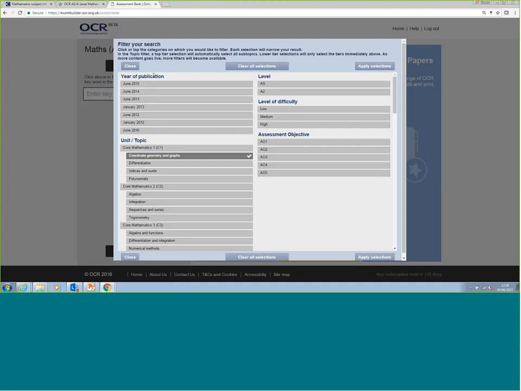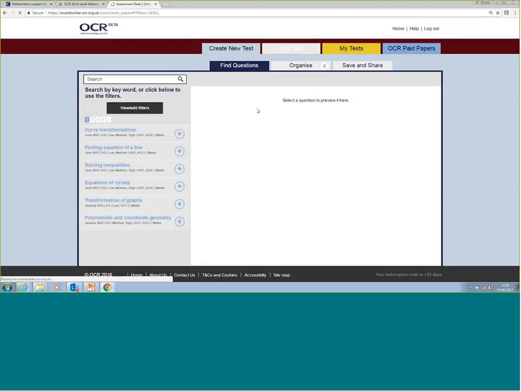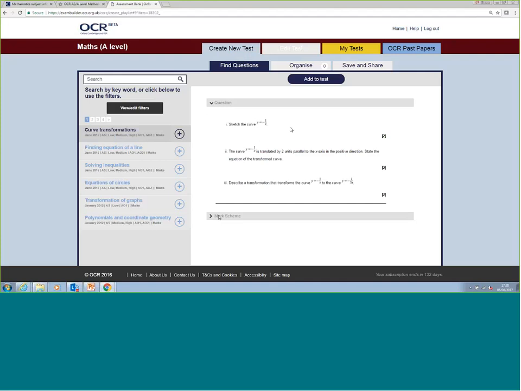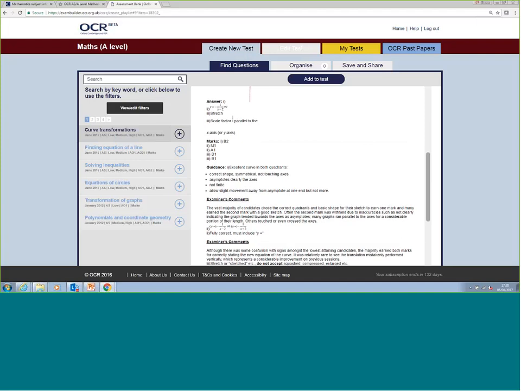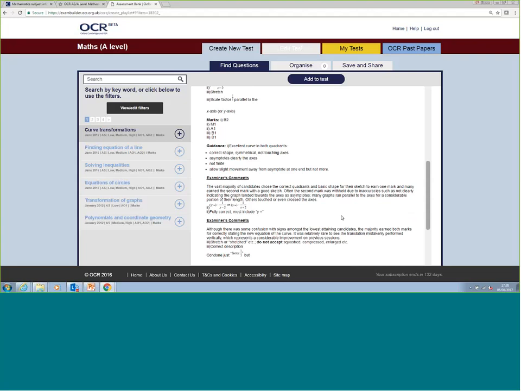When you choose a question, you've got the question, you've got the mark scheme, and as well as the mark scheme for these legacy questions, you've also got any comments that the examiner made in the examiner's report, so you can see if there were issues with the question, if students found it straightforward or where some misconceptions were picked up.